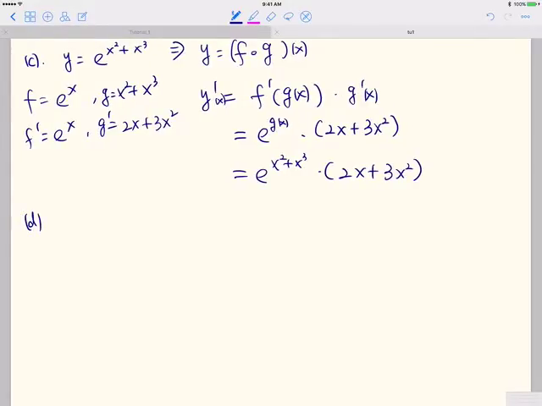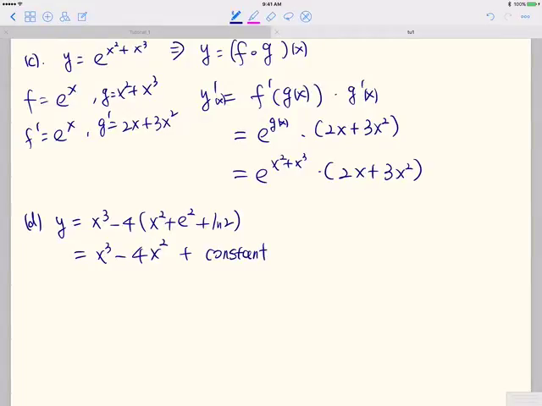So this one is simple. For question D, the problem is y equals x cubed minus 4 times x squared plus e squared plus ln 2. As we know, the derivative of a fixed number is just 0, right? The derivative of a constant is just 0. So this equals x cubed minus 4x squared plus a constant.